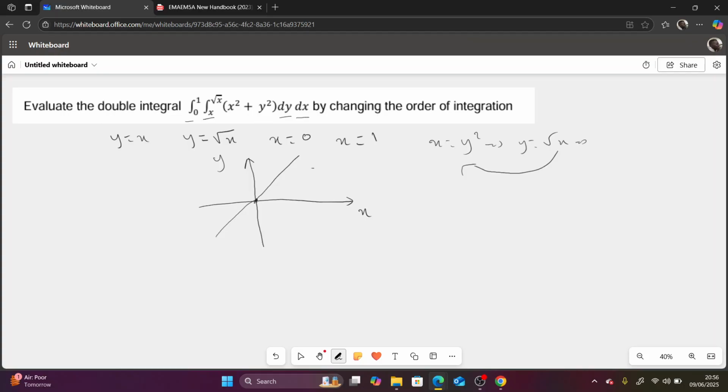What do I mean by that? Going like this, cutting like this. This is y equal root x, and this is y equal x. Now, what is happening here? I'm pretty sure you also know, when you have y equal x squared, how do we represent it?